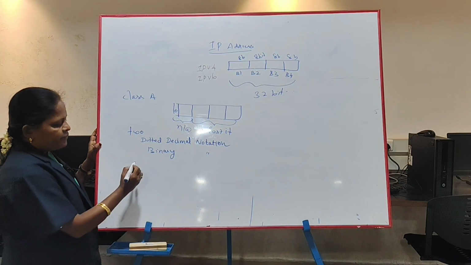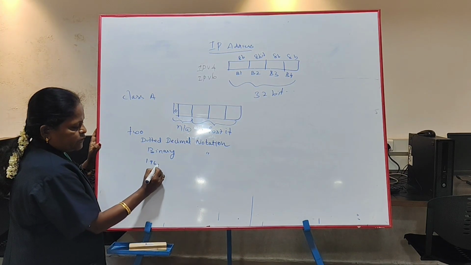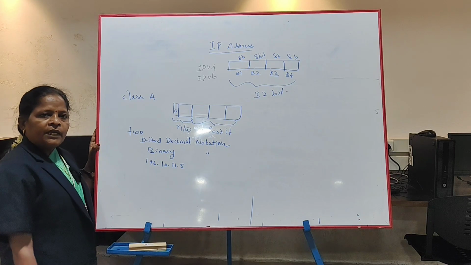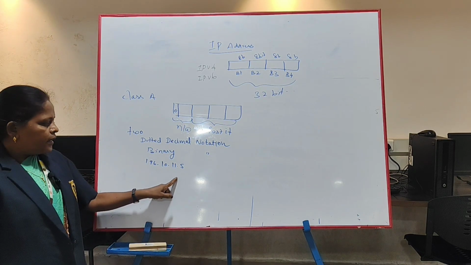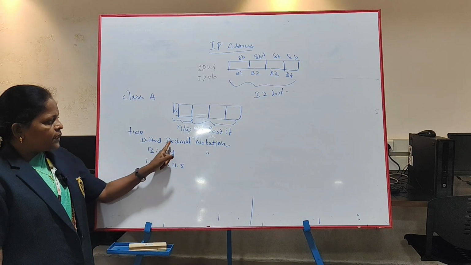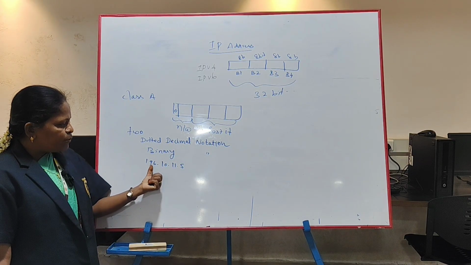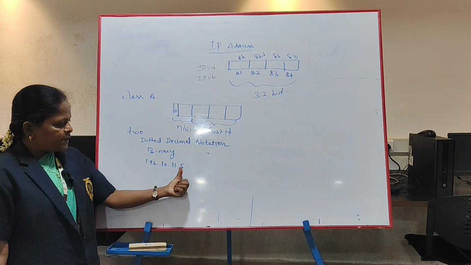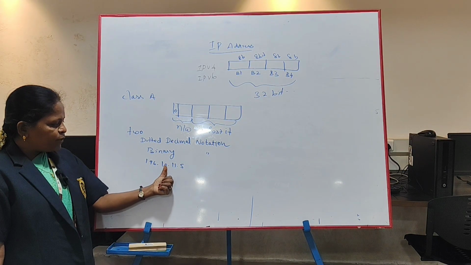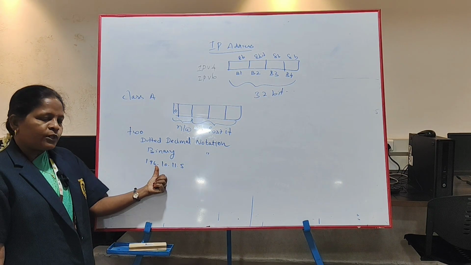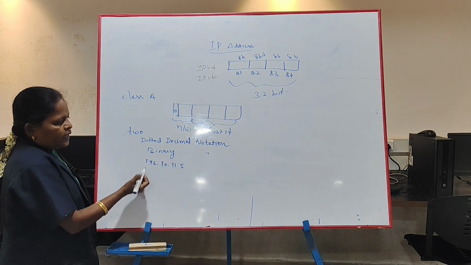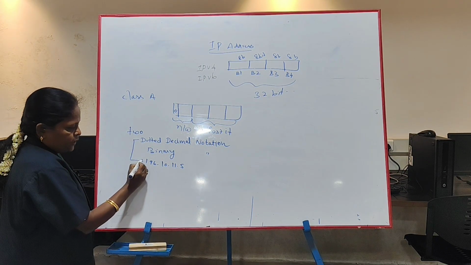Say, for example, the given IP is 196.10.11.5. This can be represented in dotted decimal notation because we have 4 bytes: byte 1, byte 2, byte 3, byte 4. To differentiate one byte from another byte we use the dot operator. So this is IP version 4 in dotted decimal notation.